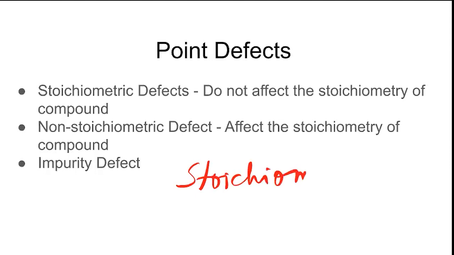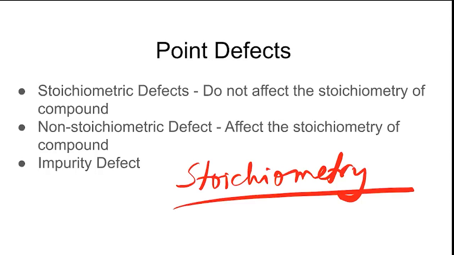Stoichio is the root word. But it is not just the ratio of cations and anions as it is. It's basically the ratio of different elements, different atoms present in a molecule. As you learned, there are different laws there, like the law of fixed proportions, the law of chemical combinations, the law of mass conservation.